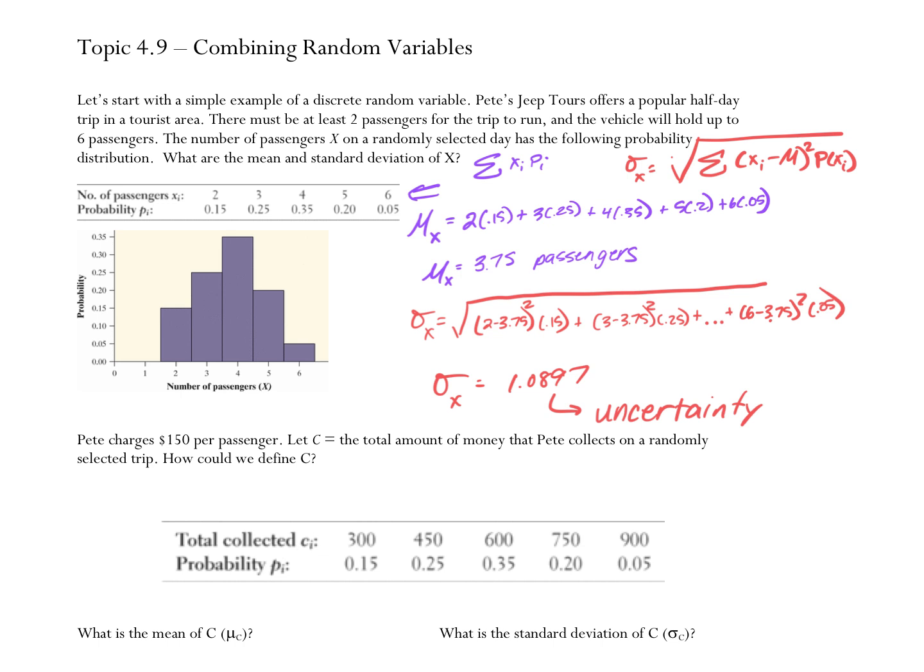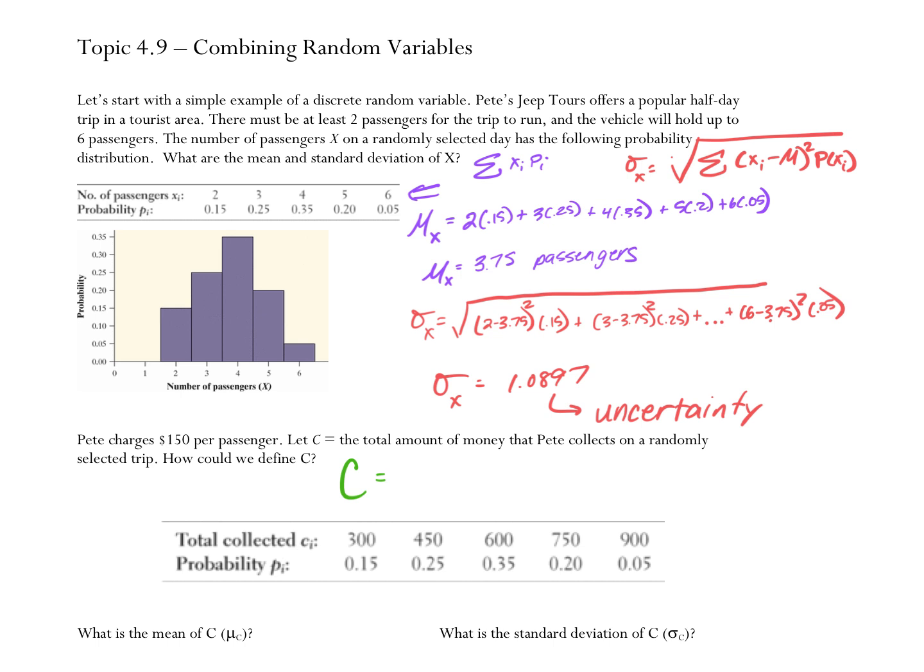So we have this new variable C, and C is going to be the money he collects. But are you guys comfortable with me saying, how did we get each of these numbers? We took the distribution of all the possible passengers and we multiplied each one by the same number, 150.